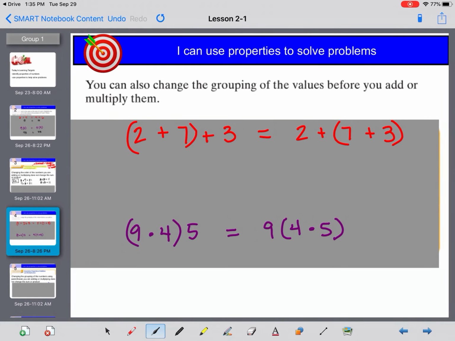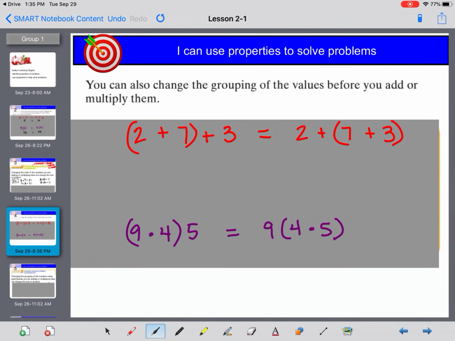You can change the grouping only when all of the operations are adding, or in this purple example, if all of the operations in the problem are multiplying. When all of them are the same, you can change what's being grouped before you add or multiply them.